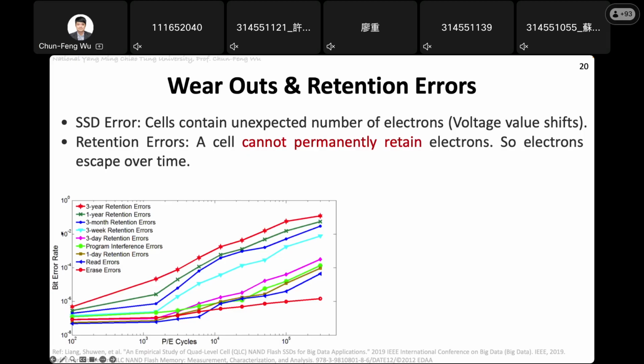You can think about it like you read out 100 bits, but 1 bit gets an error. So it is quite high.